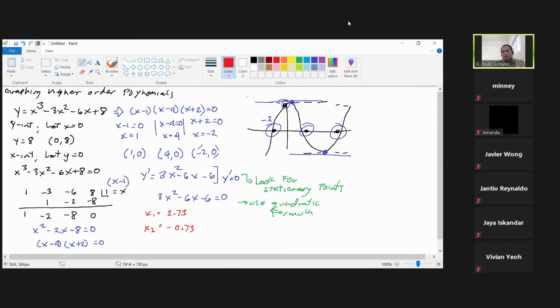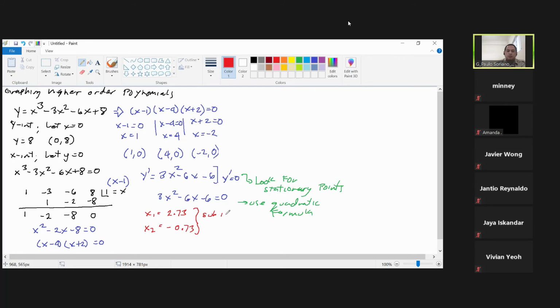Okay, so which means now that I have 2 points in x that will give me 2 stationary points. And to find the exact location of these, you substitute in the equation each one to find y. Okay, substitute in the equation to be able to find the values of y.